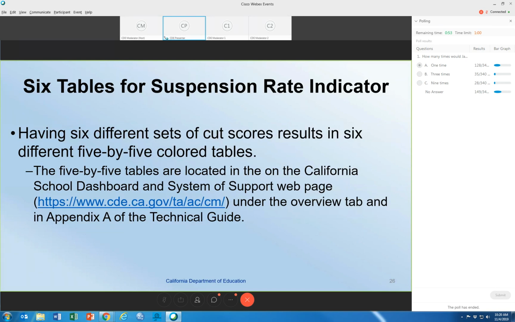Since we have 6 different cut scores, this also results in 6 different 5x5 colored tables. The 5x5 tables are located on the California School Dashboard and the System of Support website, and you can access them through the link here, under the Overview tab in Appendix A of the Technical Guide.